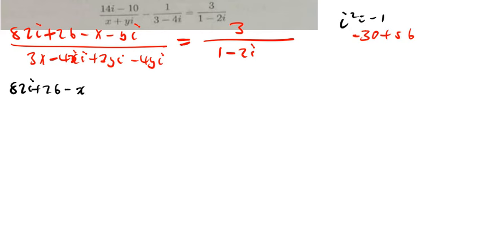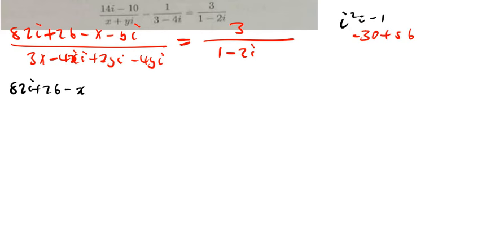Now I'm doing everything times negative 2. So negative 2 times 82 is going to give me negative 164. But i and i will give me i squared, minus 26 times 2. 26 times 2 is 52, so it's going to be 52i.